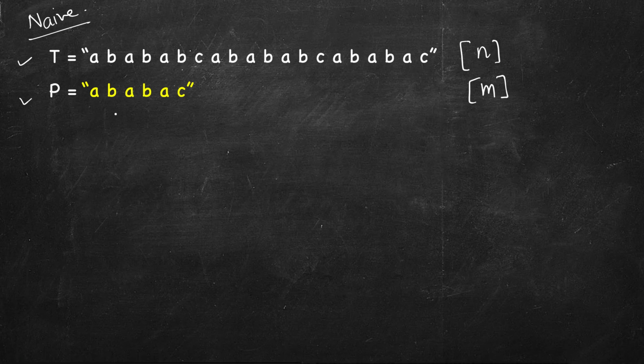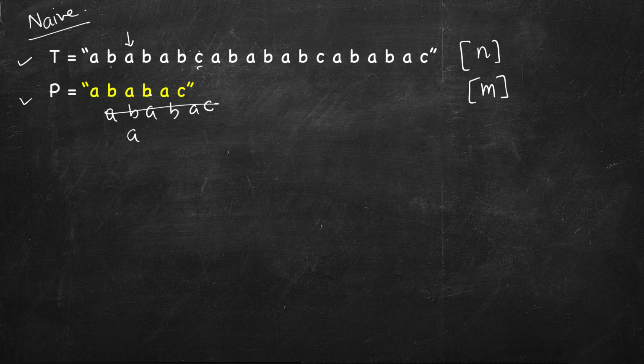So what we will do next, we will shift the pattern here, A, B, A, B, A, C. And we see that here it mismatches at the first character itself. So we will shift it again. A matches with A. So we go to the next character, B matches with B, A matches with A, B matches with B. Then we have a mismatch here.